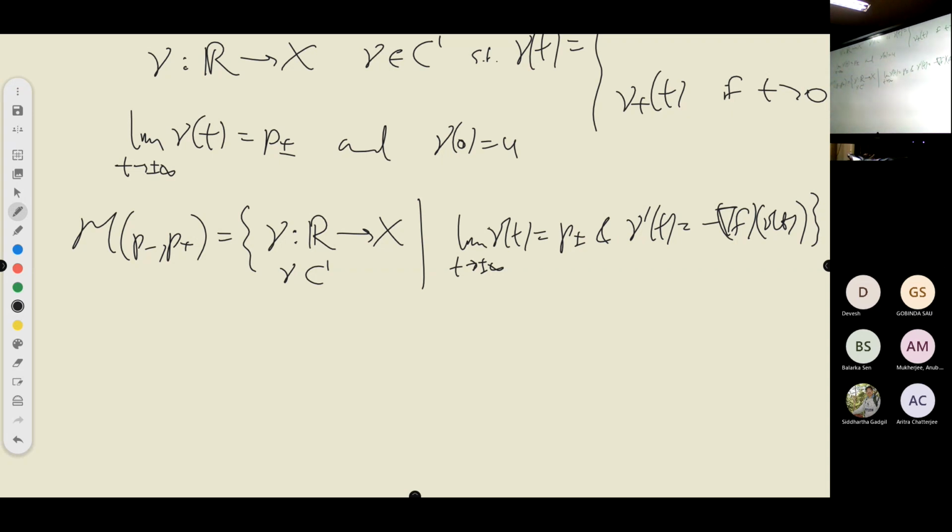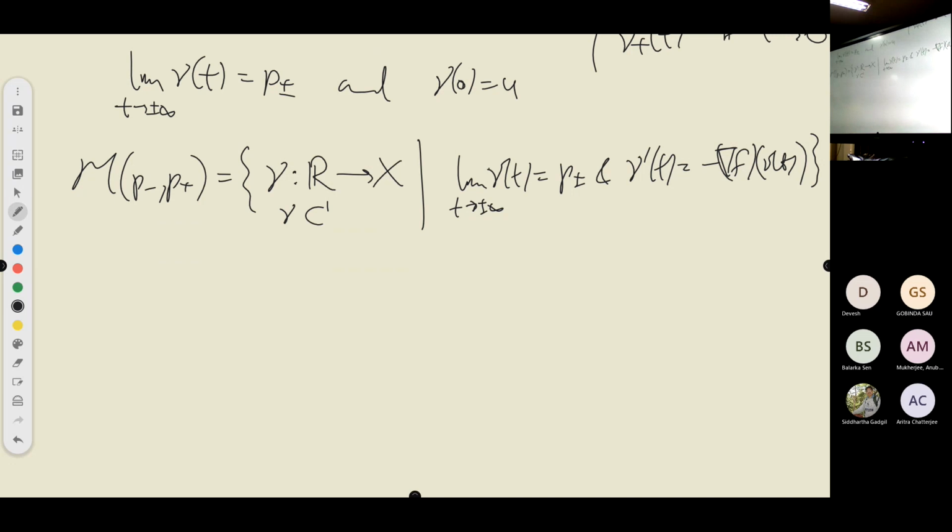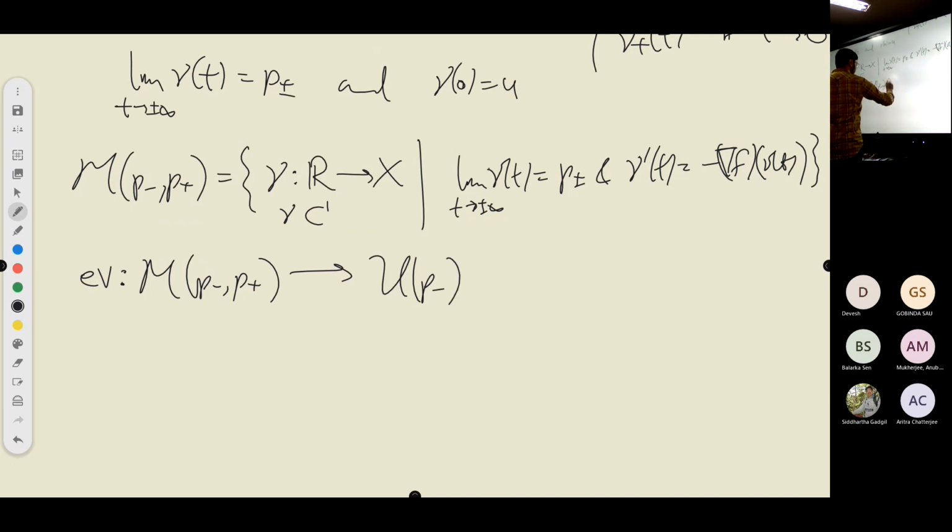And we now have an evaluation map of sorts, which goes from the moduli space between p minus and p plus to the unstable manifold of p minus intersected with the stable manifold of p plus.